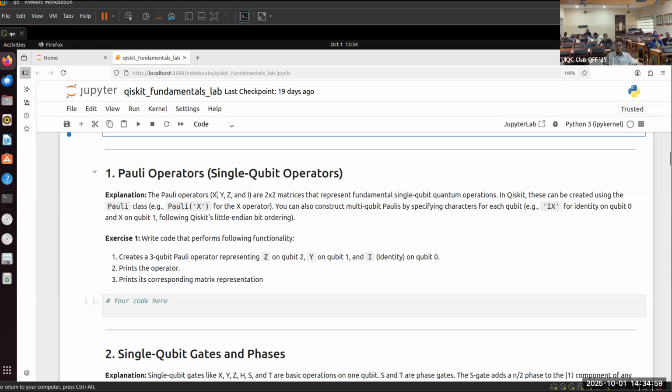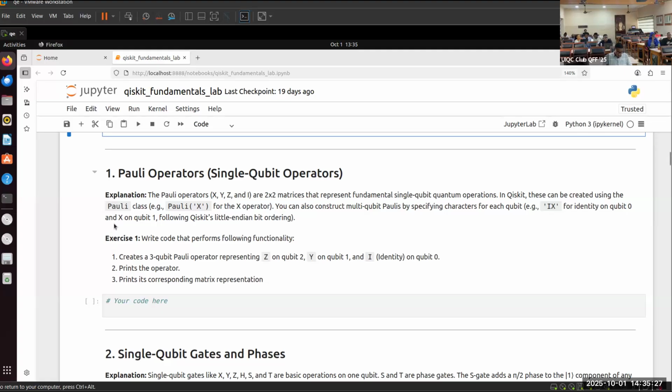Here we have the X, Y, and Z gates, and the identity operator, the I. You can generate them from the Qiskit quantum circuit library, or you can use the Pauli operators to create how they should behave.